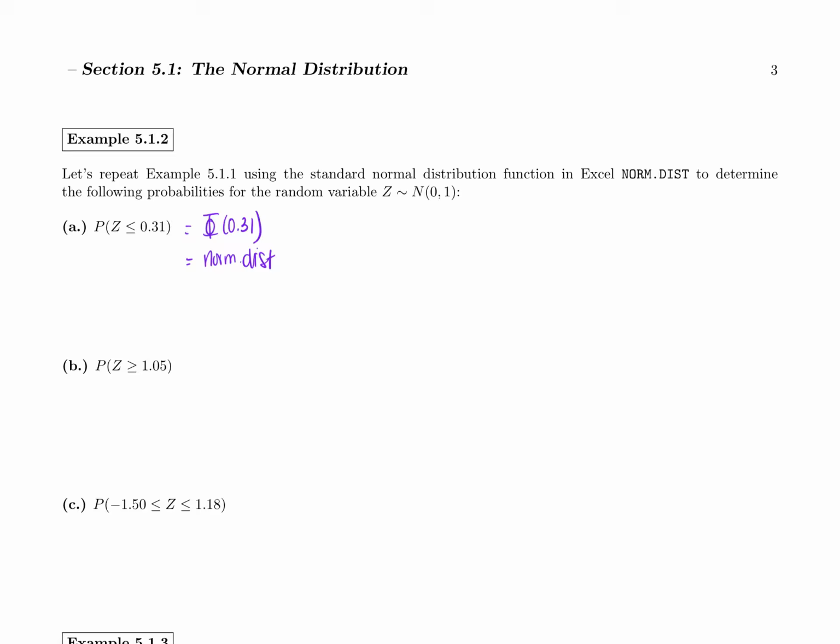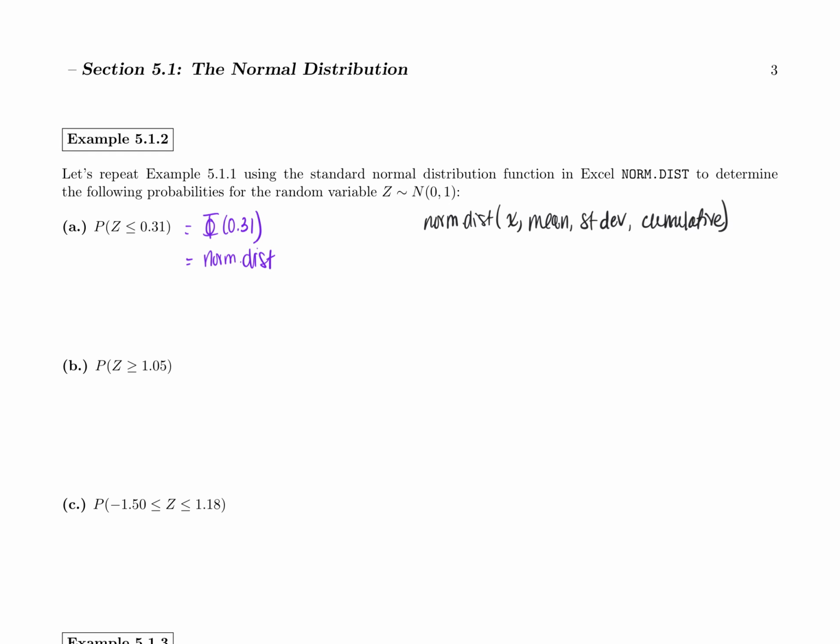Excel describes norm.dist as x, comma, the mean, comma, the standard deviation, and then comma, is it cumulative? And since we're using big phi, the answer is yes for cumulative.